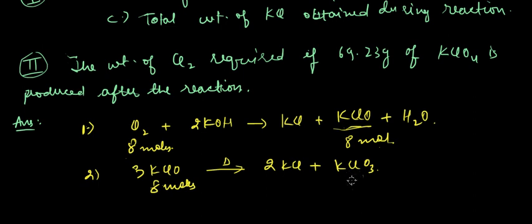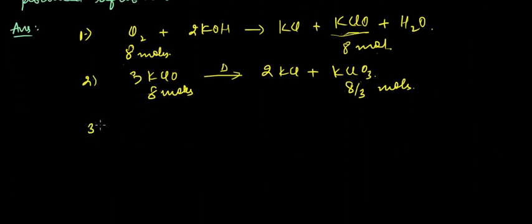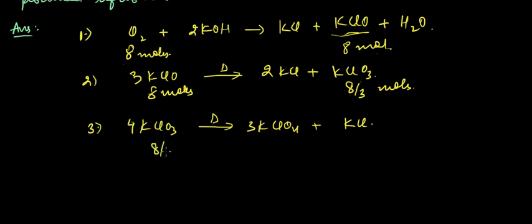This KClO3 then dissociates into KClO4 plus KCl. 3 moles of KClO4 form from 4 moles of KClO3. So with 8 by 3 moles, finally it would produce 2 moles of KClO4.